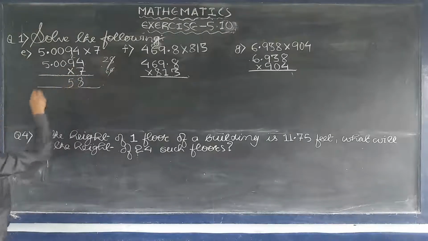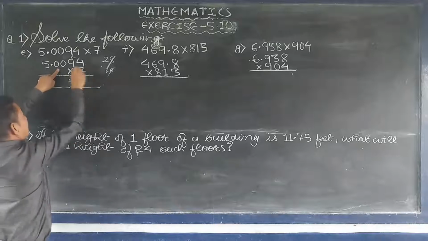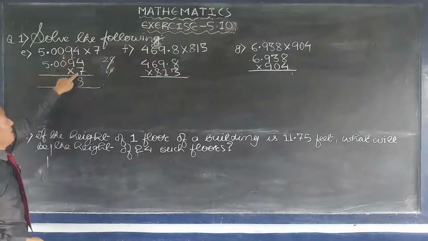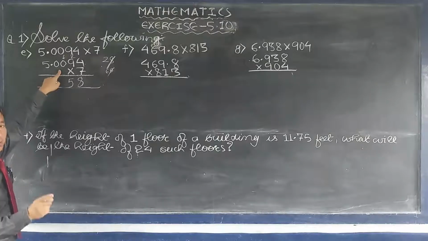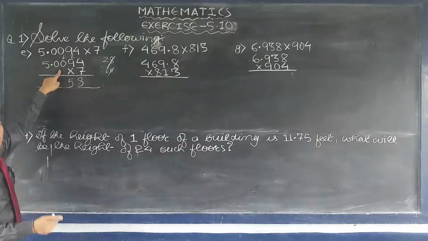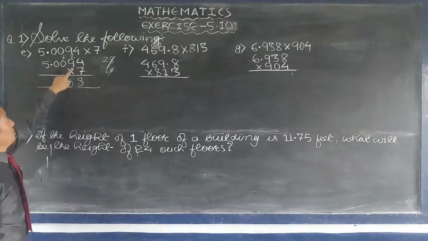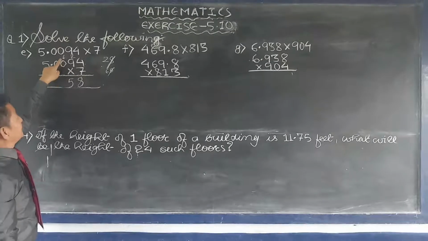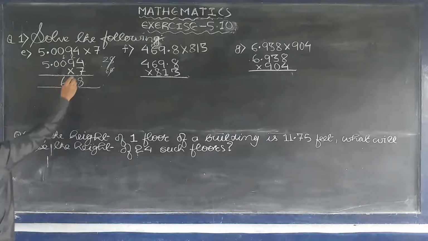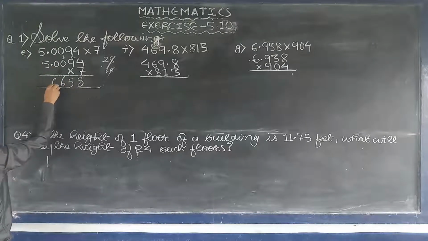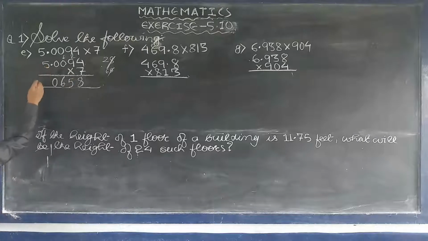Now 6 is carried on here. 7 zeros are 0. If any number is multiplied by 0, the product is 0. 7 zeros are 0, and 6 here, so this 6 is left. We'll write 6 here. 7 zeros are 0. Then 7 5s are 35.